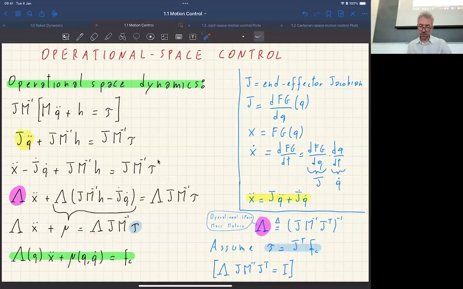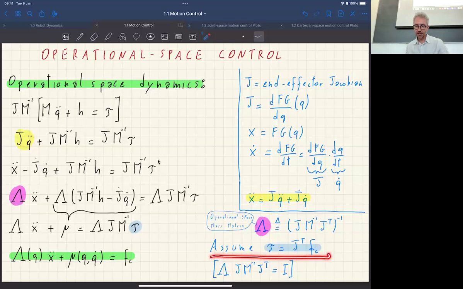So if I want also my control inputs to be expressed in Cartesian space, what I can do is assume that tau is equal to J transpose times a new, virtual control input, which I'm calling FC. So it's like a virtual force that I apply at the end effector.